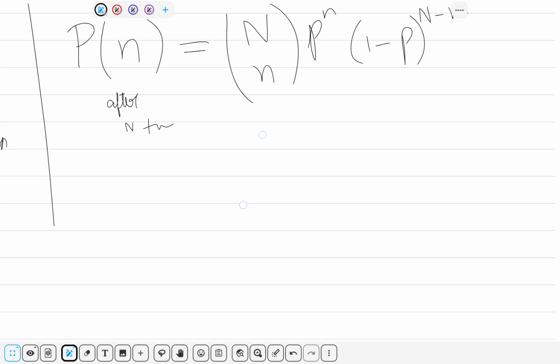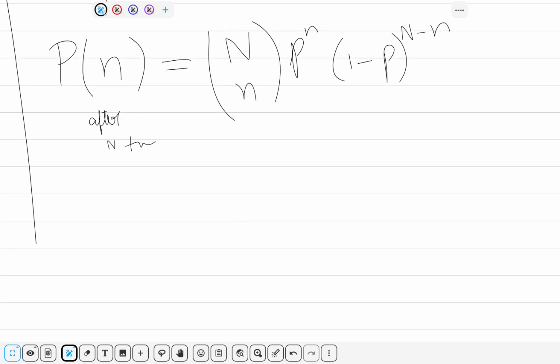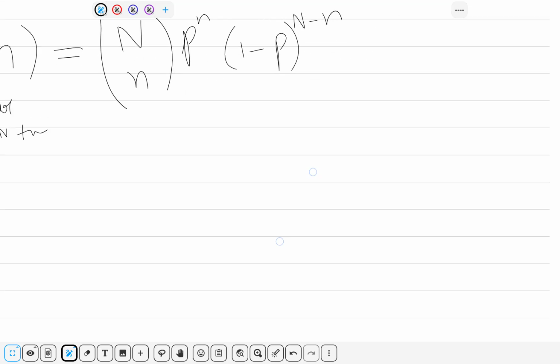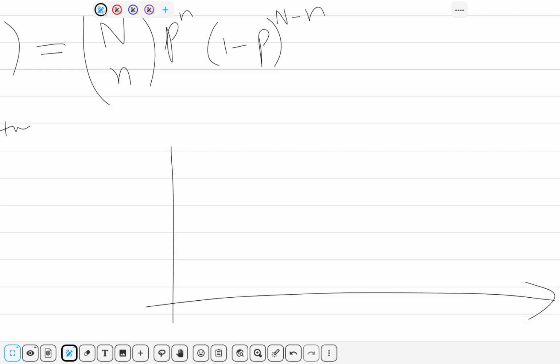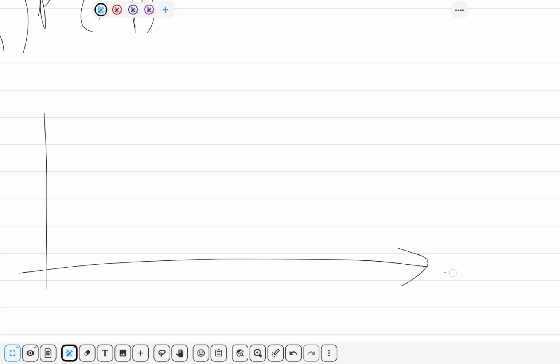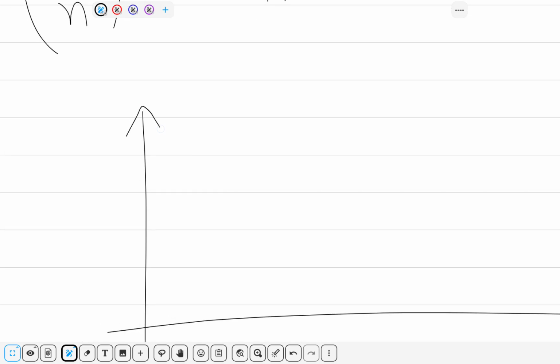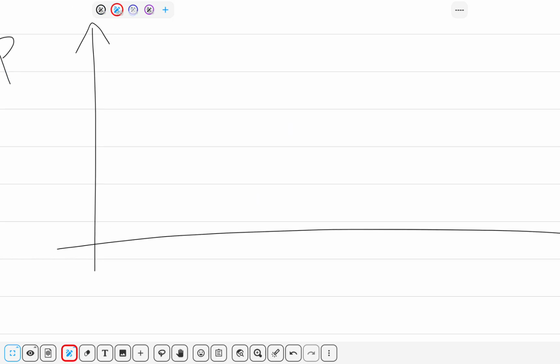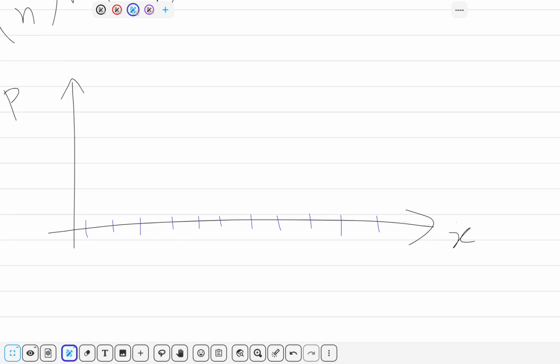And the thing is, binomial distribution is really something else. I don't know how to say it. So let's say this is my x-axis and this is my probability in binomial terms. So I can only have discrete values 1, 2, 3, 4, 5, 6, 7, 8, 9, 10, 11, and so on.